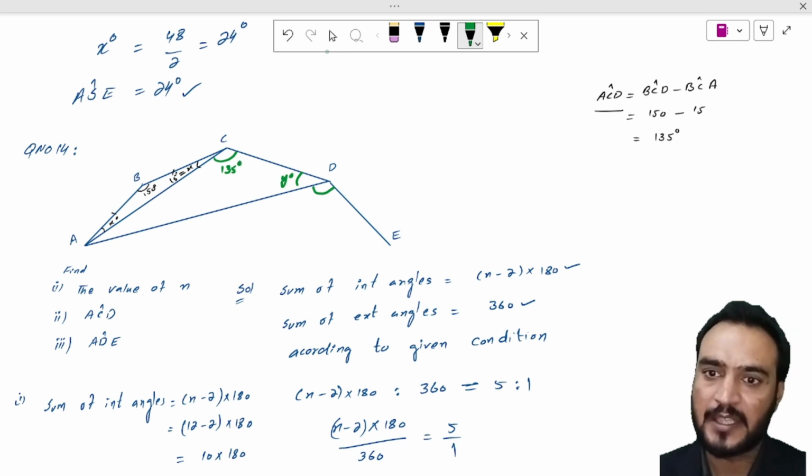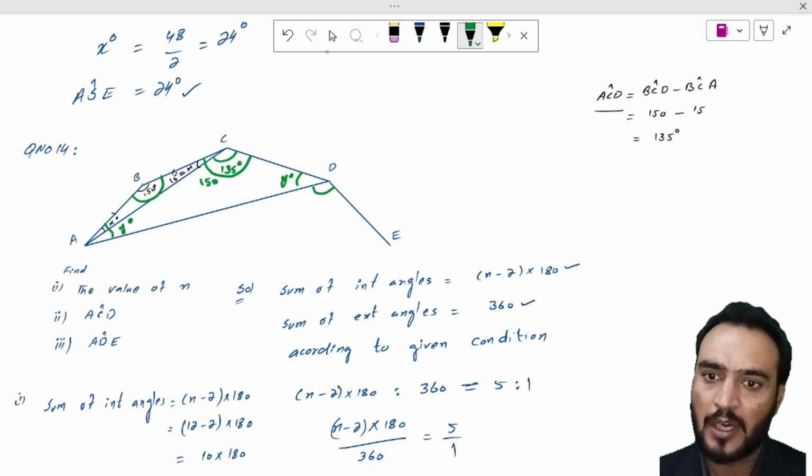As you can see, the line CD is equal to the line AB. So the complete angle at point A is also y degrees, because AB and CD are equal lines, because this is a regular polygon, and these two angles are of y degrees, and we know that the angle at point B is 150 degrees. Angle at point C is also 150 degrees. Complete angle 135 plus 15 is 150 degrees.